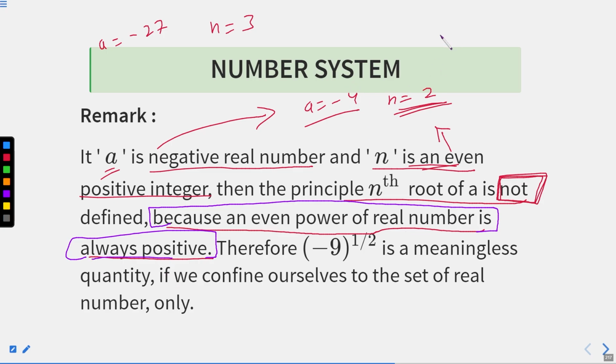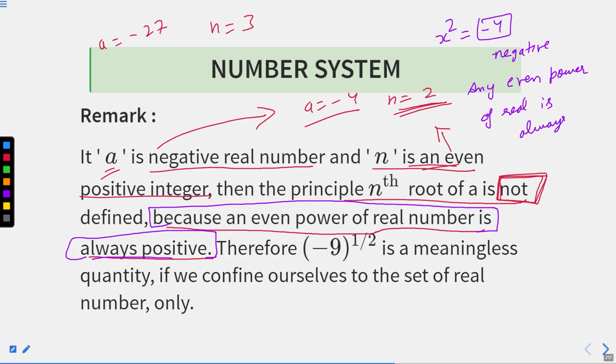So we don't have any x such that x squared is -4, because it is negative, and we know that any even power of a real number is always positive.